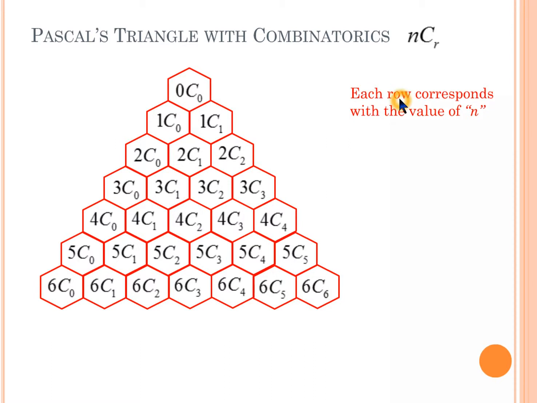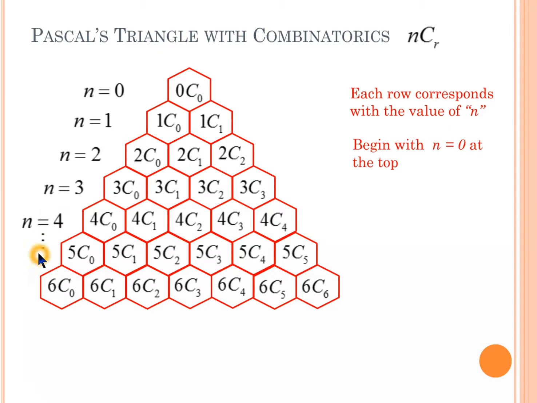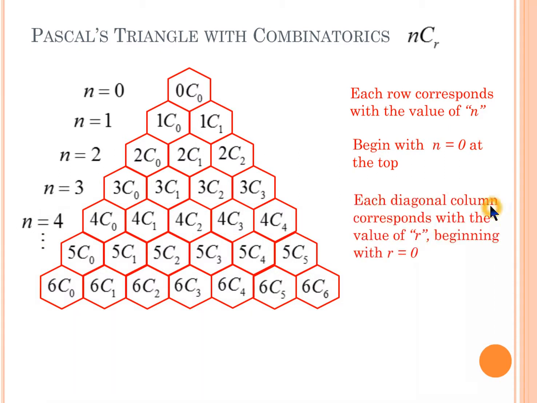Each row corresponds with the value of n. We begin with n equals 0 at the top. This is n equals 1, n equals 2, n equals 3, n equals 4, 5, and 6. Each diagonal column corresponds with the value of r, beginning with r equals 0.